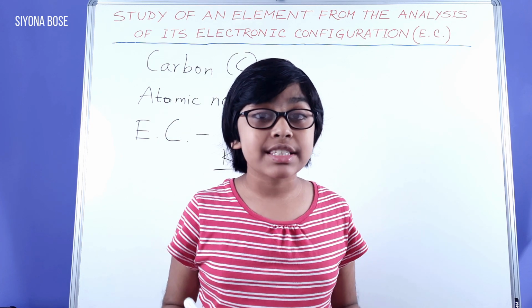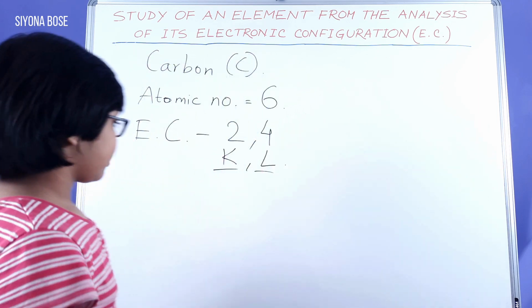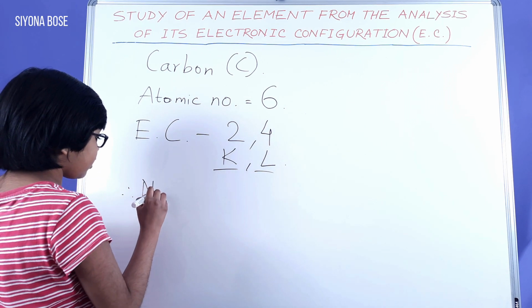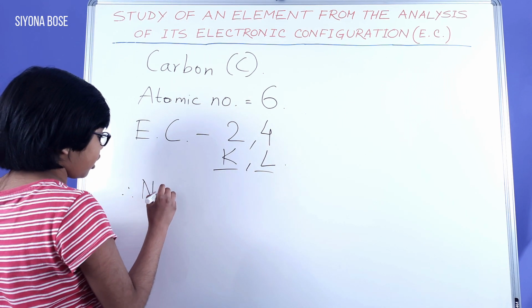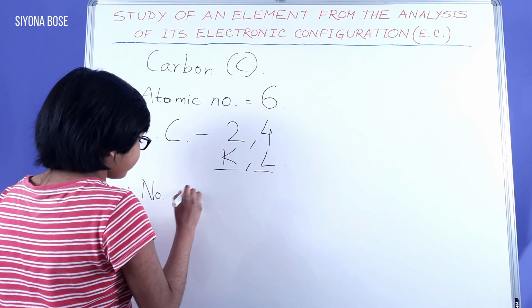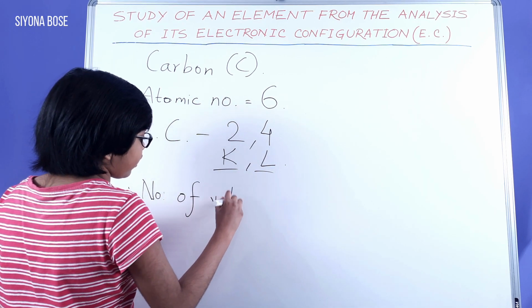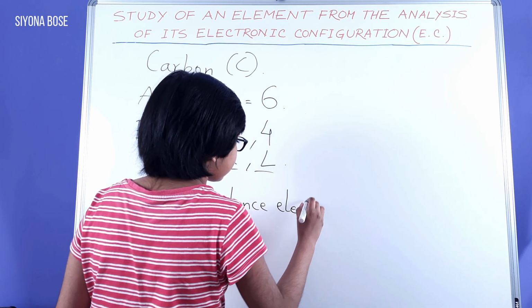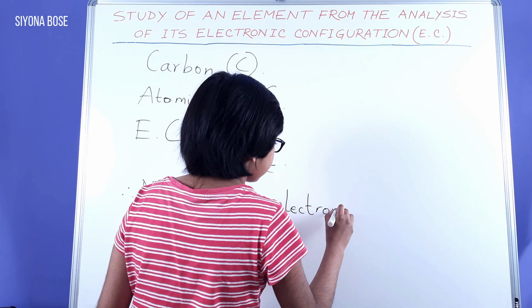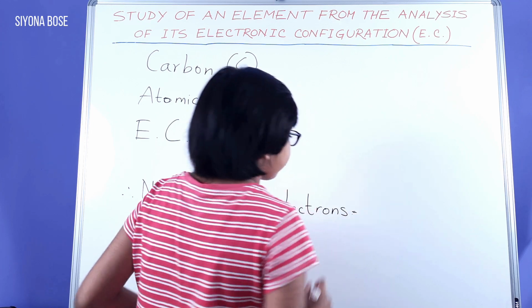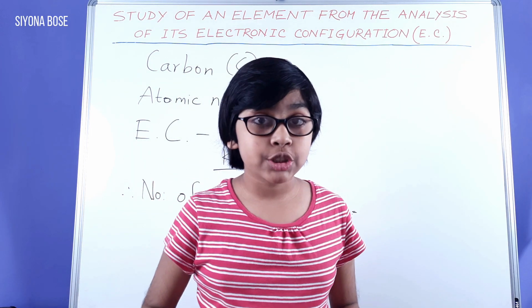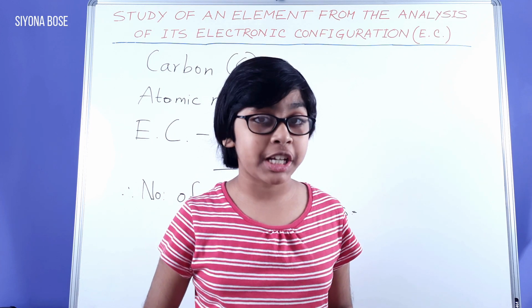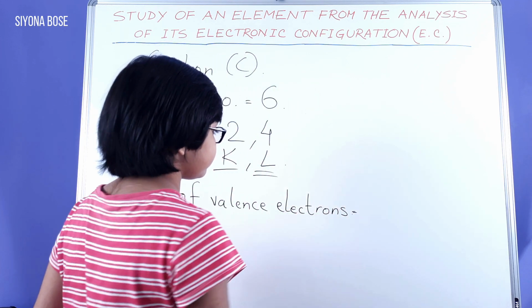Therefore, number of valence electrons, which means number of electrons in the outermost shell, which in this case is our L shell, is 4.